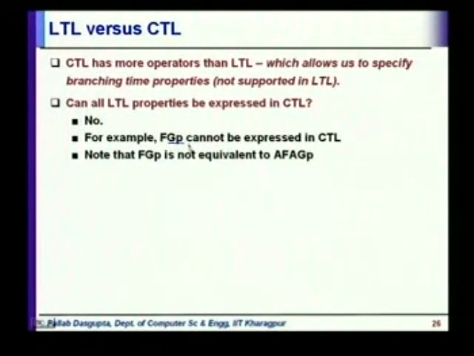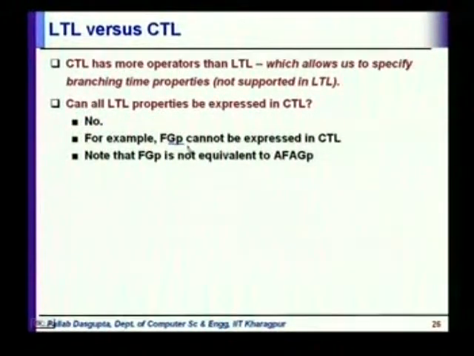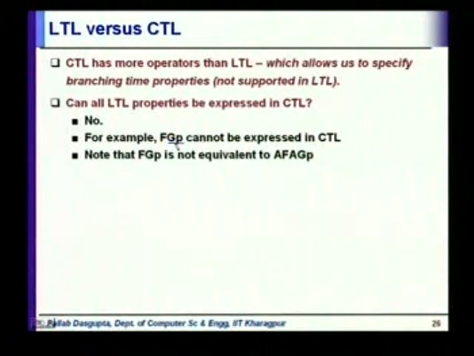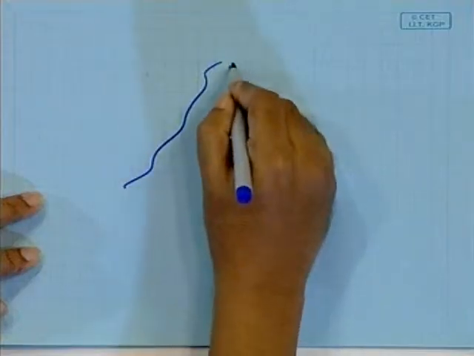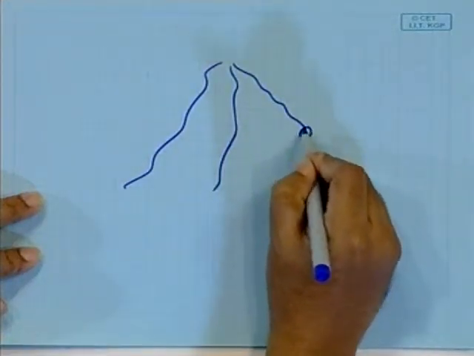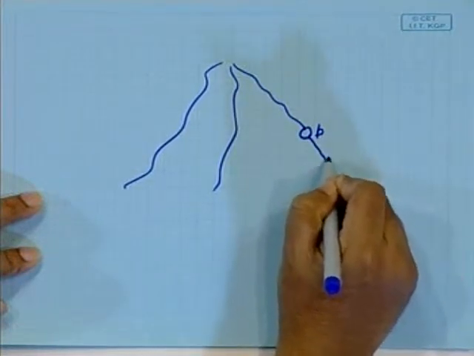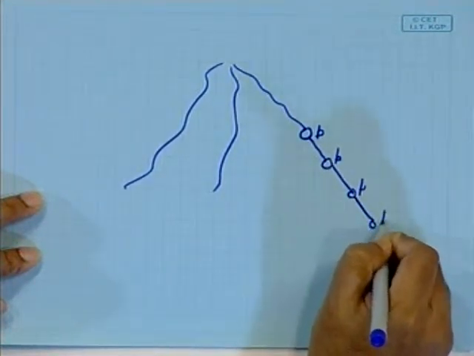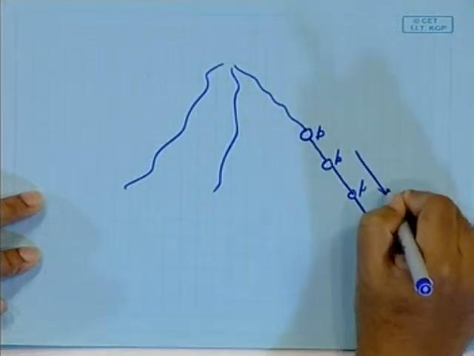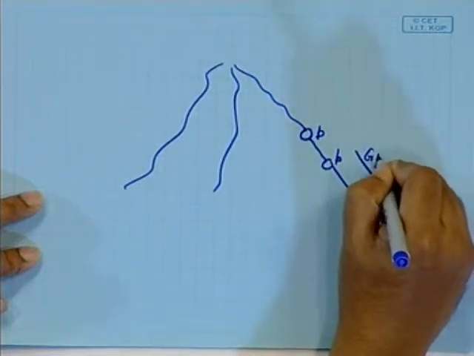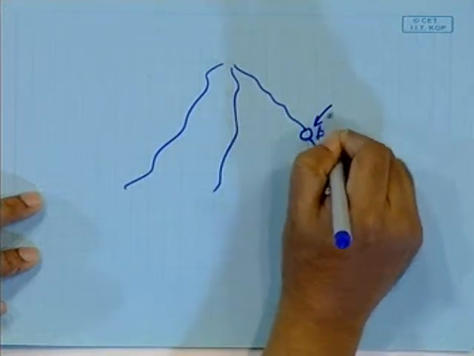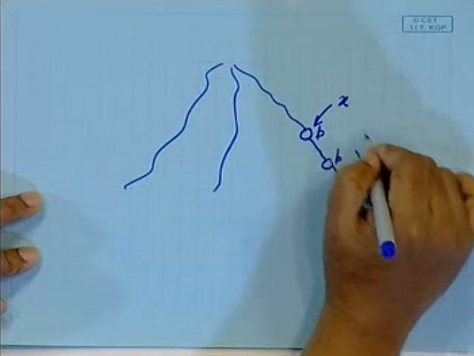So, GP means P holds forever in future, and FGP means that along every path we must reach some state from where every successive state must satisfy P. So, GP holds on this part, and there must be some state x in future which satisfies this GP.